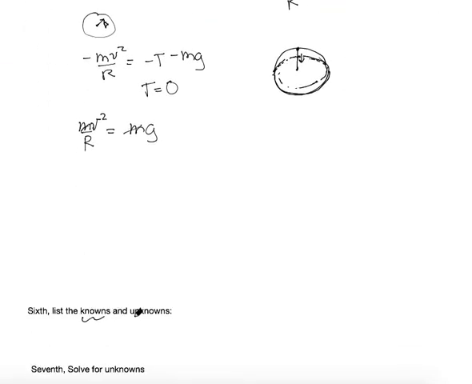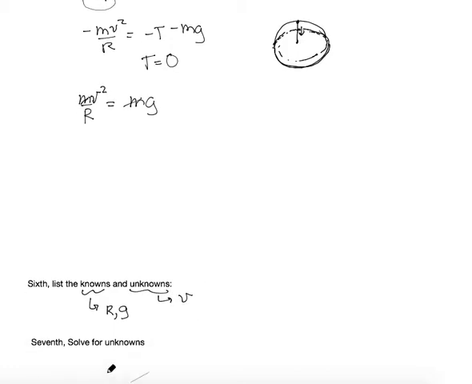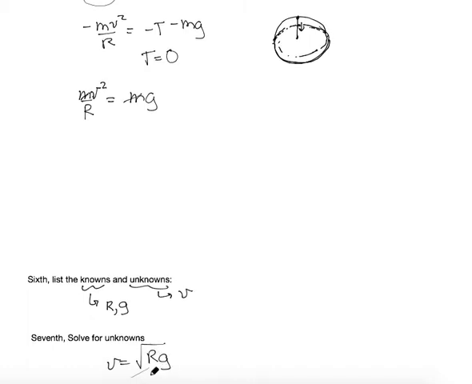Oh, and we need to list the knowns and unknowns, to make sure we can solve the equations. We get v equals square root of rg. We wanted omega, and v is equal to r omega. So omega is equal to 1 over r times the square root of rg.